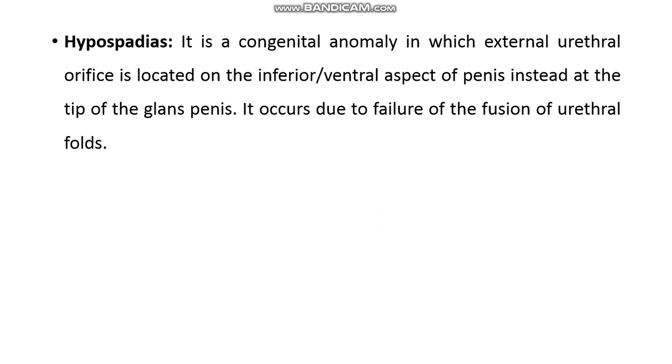The next clinical correlation is hypospadias. It is a congenital anomaly in which the external urethral orifice is located on the inferior or ventral aspect of the penis instead of at the tip of the glans penis. Usually the external urethral orifice should be at the tip of the glans penis.